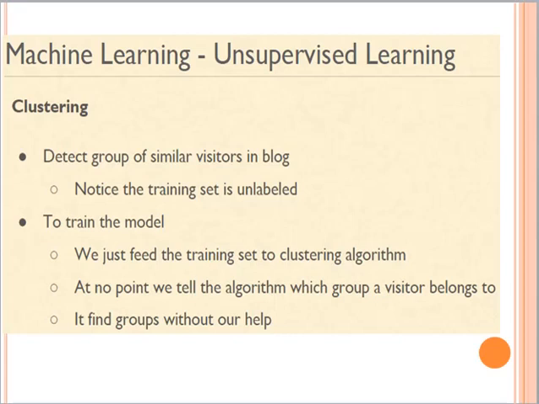We are not giving this information in the unsupervised learning domain, and our algorithm will try to find the groups without our help, and it will do this by determining the underlying relationships or characteristics of each individual.